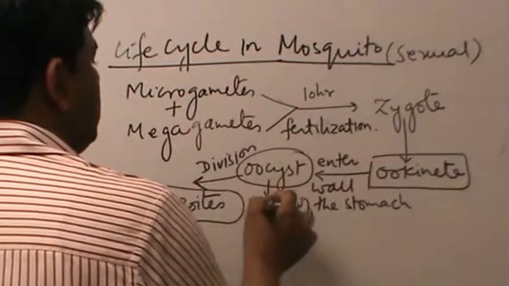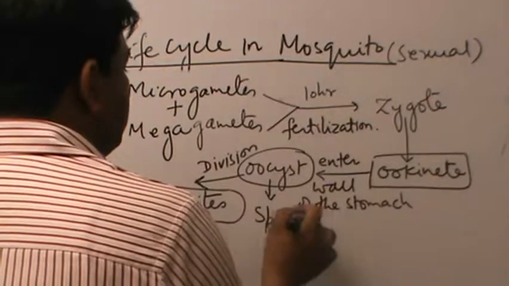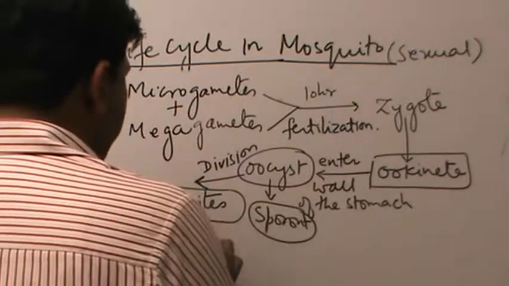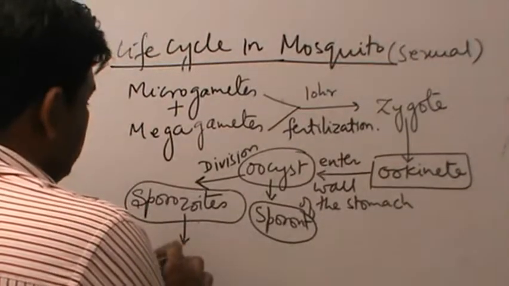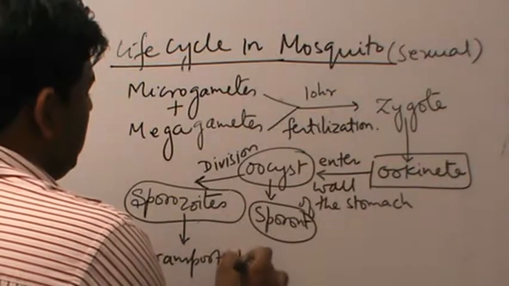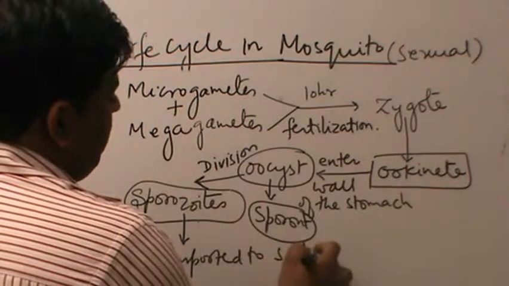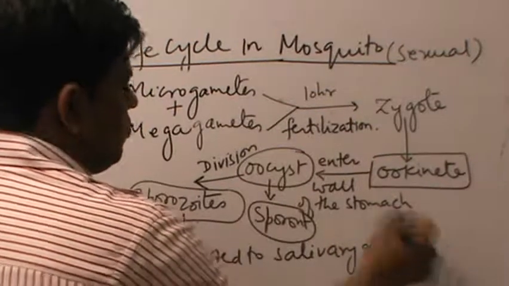This oocyst is also known as the sporont, and these are liberated or transported to the salivary gland of the mosquito.